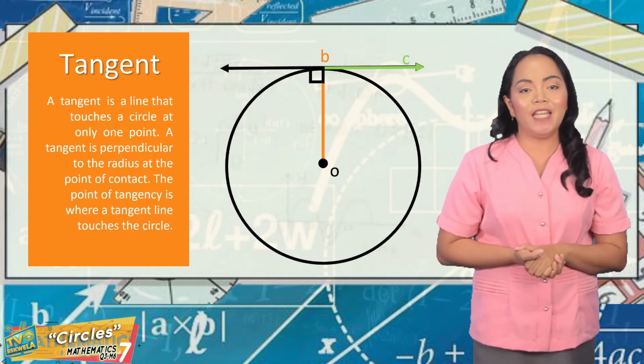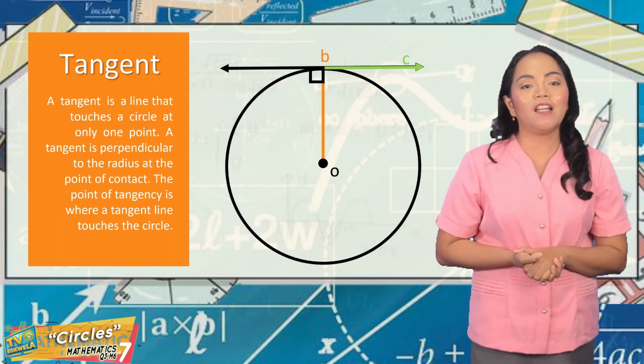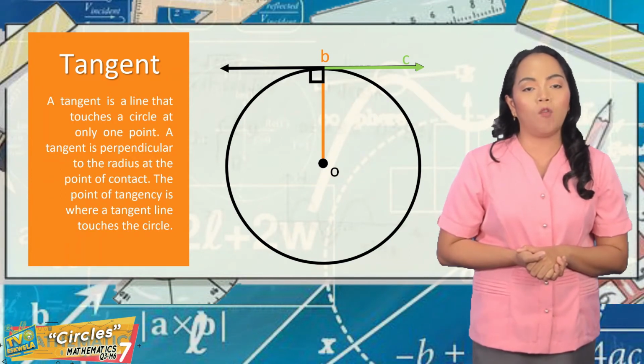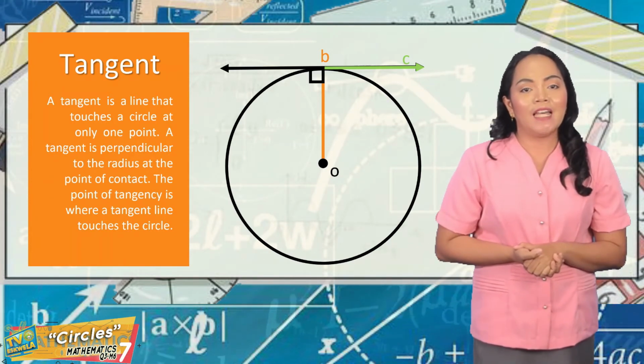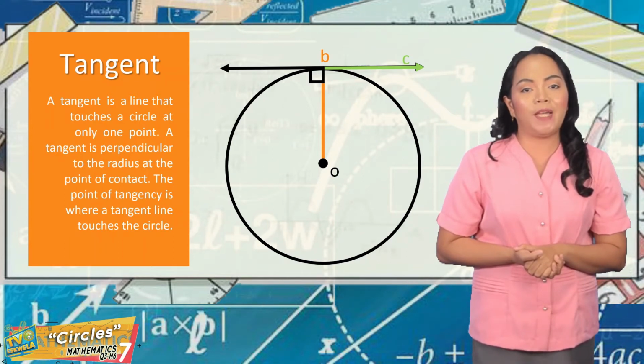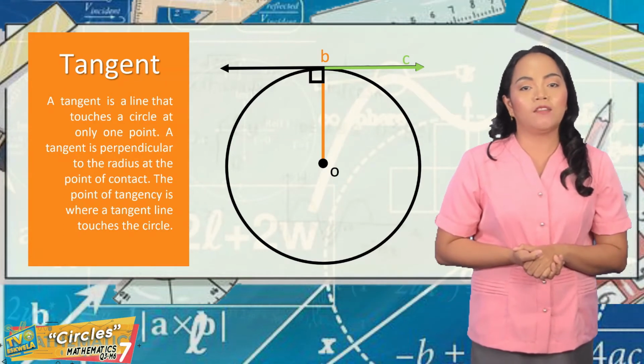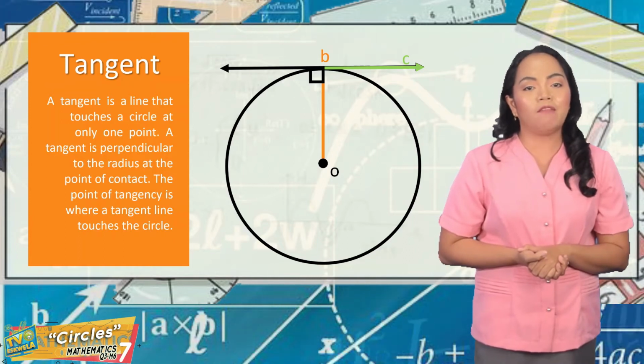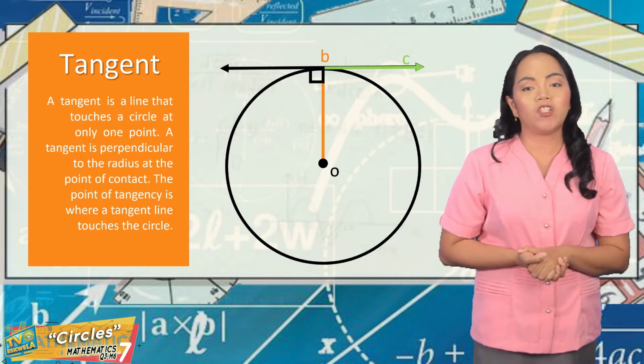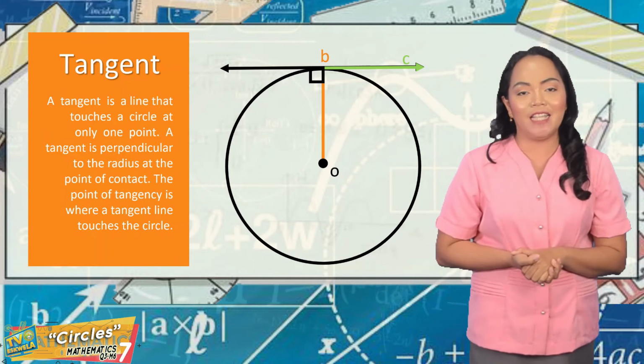Line segment BC is perpendicular to line segment OB. Since BC is perpendicular to OB, it forms a right angle whose measure is equal to 90 degrees.